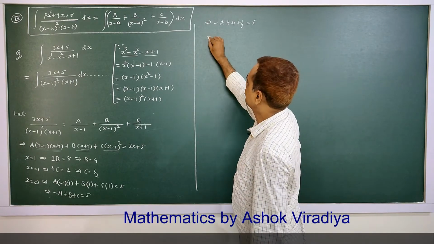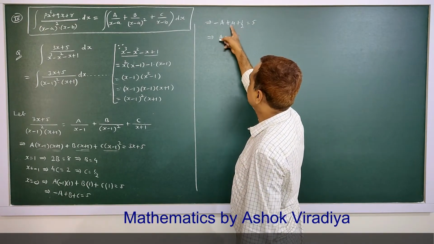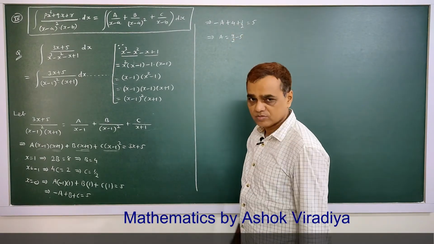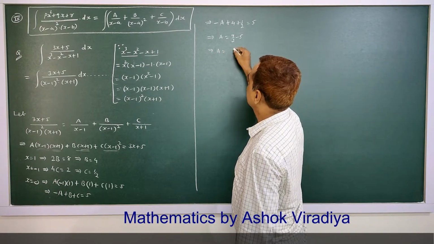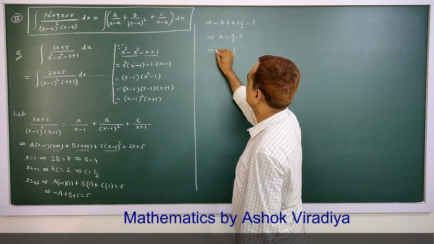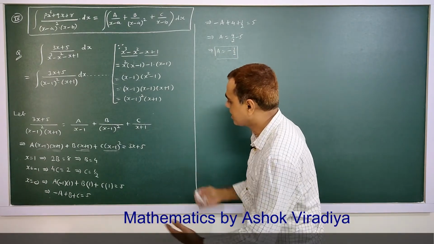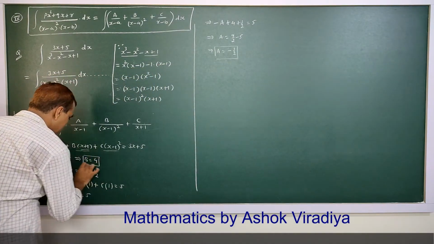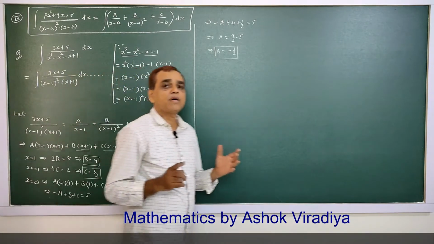So A is equal to 4 plus 1 by 2, 9 by 2, minus 5. So A is minus 1 by 2. So A, B, C are obtained. B is 4, C is 1 by 2 and A is minus half.